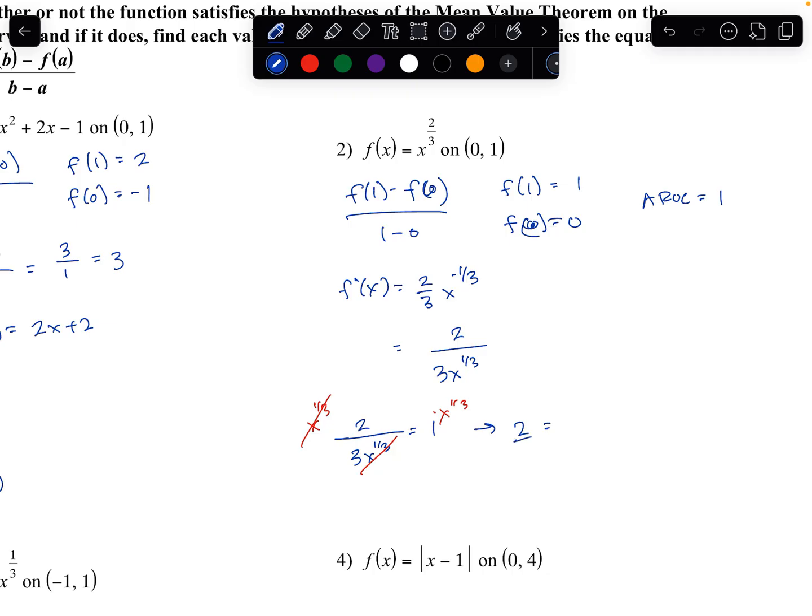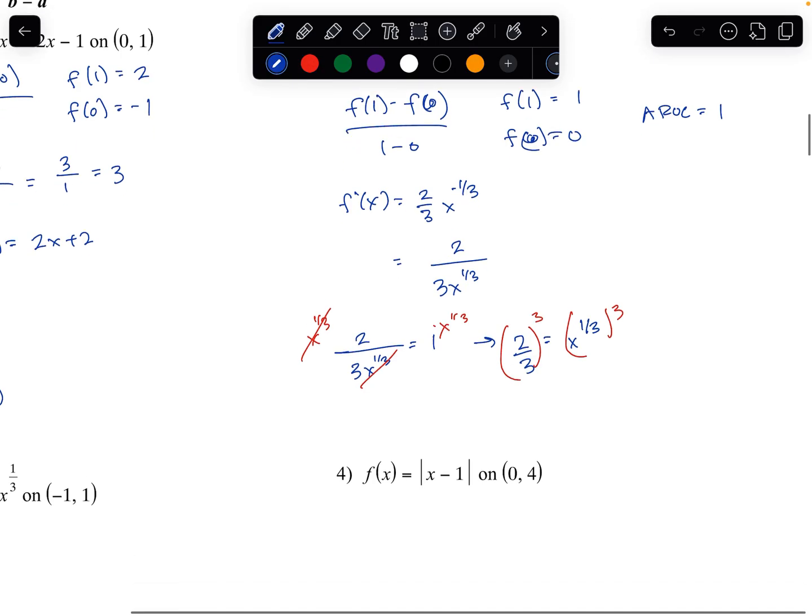So I'll get 2 over 3 is equal to x to the 1/3. And then I will raise that to the 3rd power. So I'm going to get x is equal to 2 to the 3rd over 3 to the 3rd, which is going to be equal to 8 over 27. So 8 divided by 27.